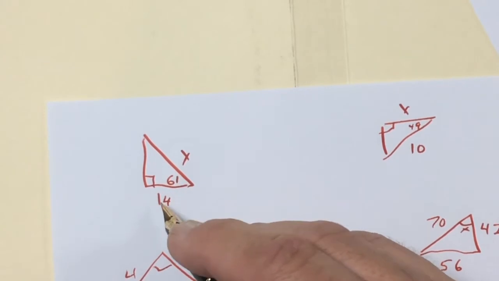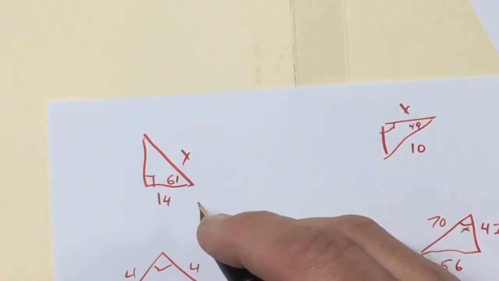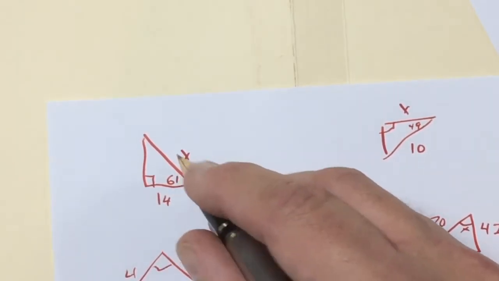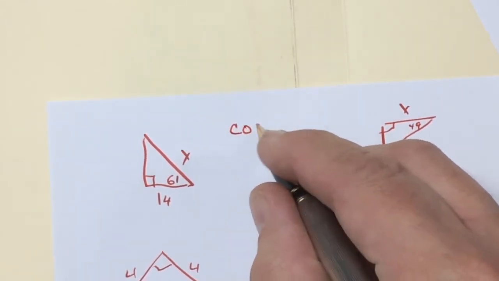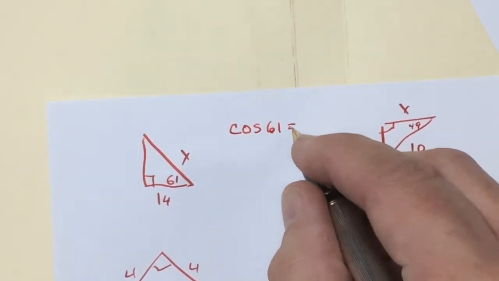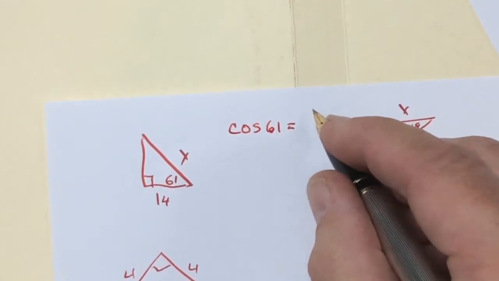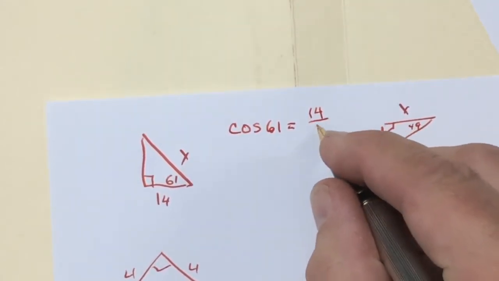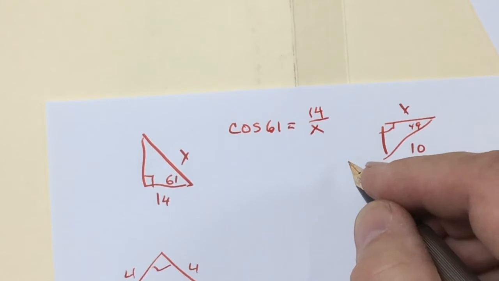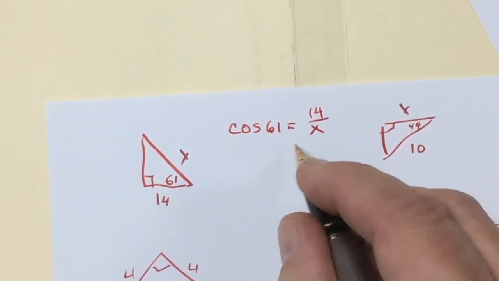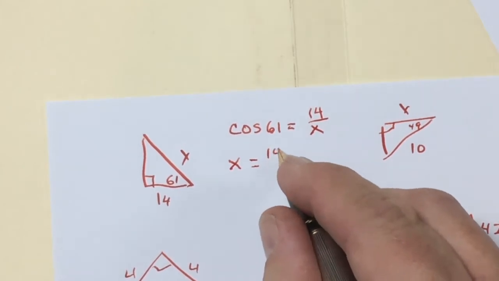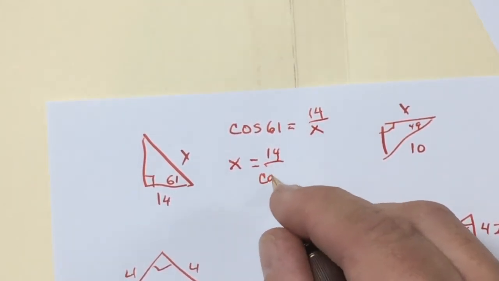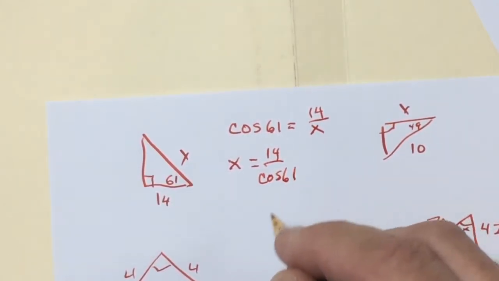They give you an angle and a side, ask for another side. That's a trig problem. You're given the adjacent and ask for the hypotenuse. So the cosine of 61 degrees is equal to the adjacent over the hypotenuse. For this kind of problem, you got to swap like that.